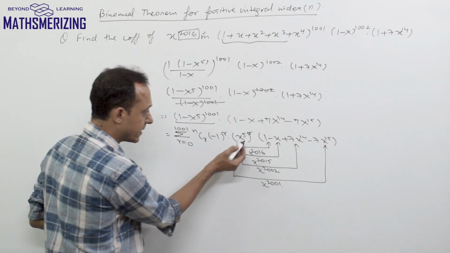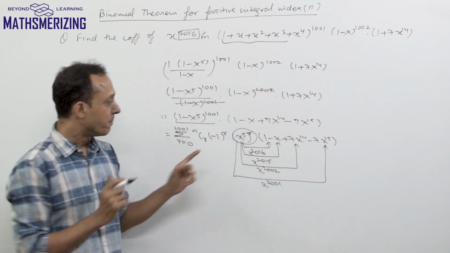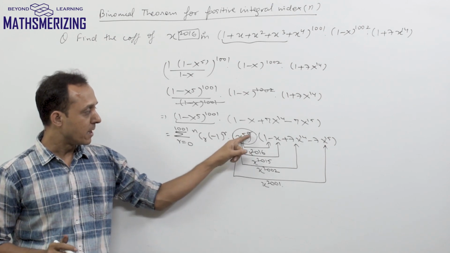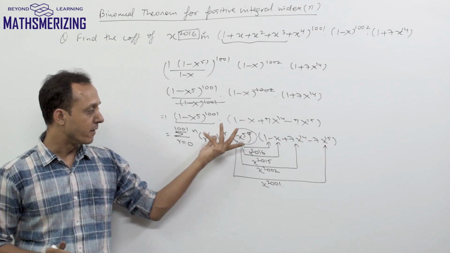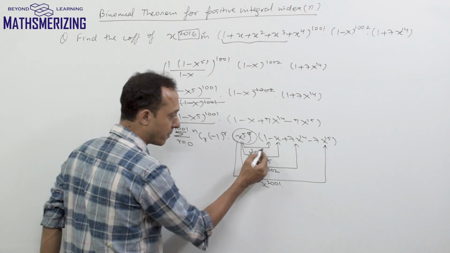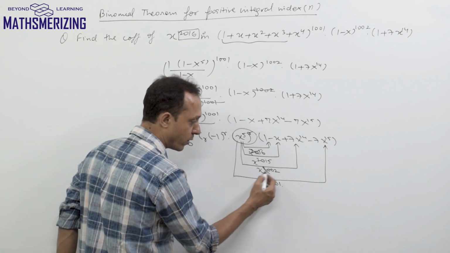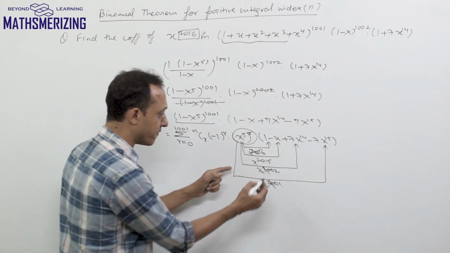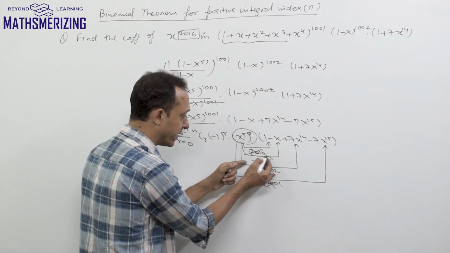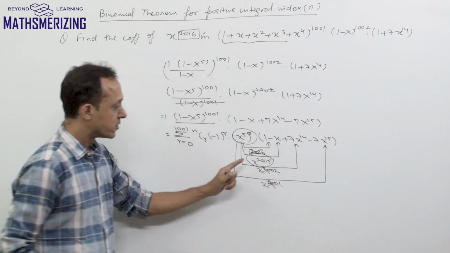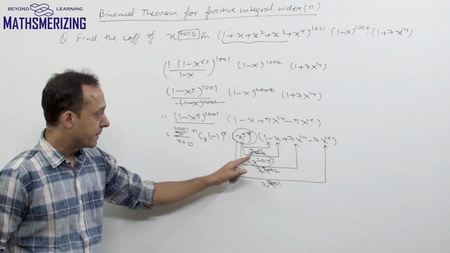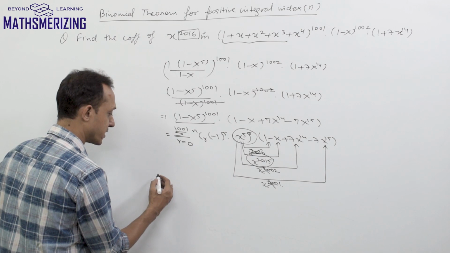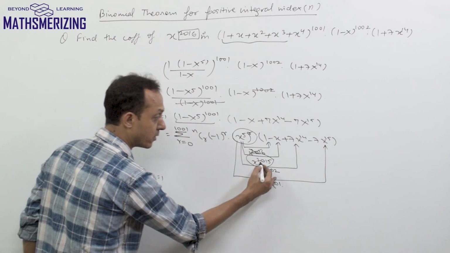But what I see here is that all the powers of x are multiples of 5. So if they are not multiples of 5, there'll be no term containing that power. So there'll be no term containing x to the power 2016, no x to the power 2002, and no x to the power 2001. So the only possibility in this case is when x to the power 2015 gets multiplied with x. So what is the coefficient of x to the power 2015?